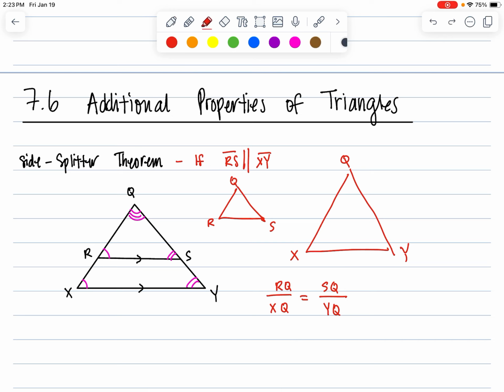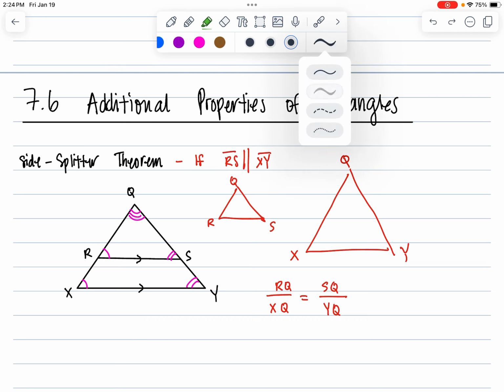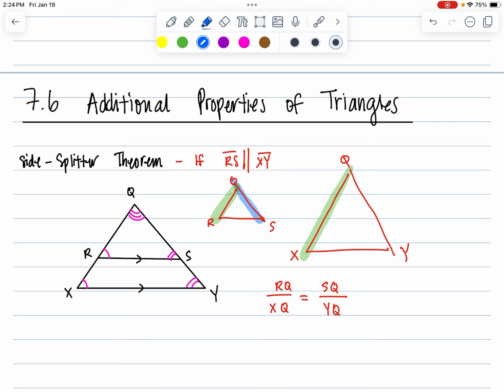And let me highlight them. Let's do green with green. Make this a little bit bigger. All right. Green with green. And then let's do blue with blue. So we could set it up as so. Now, be very, very mindful. This cannot be done using the parallel sides, okay? I'm going to make a note here.